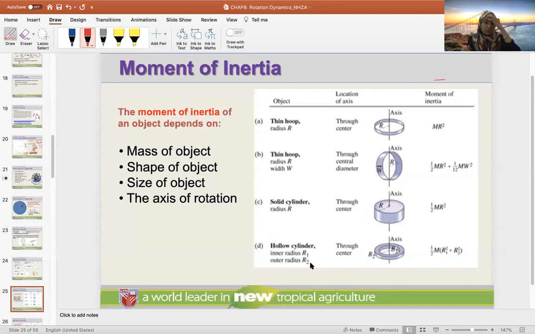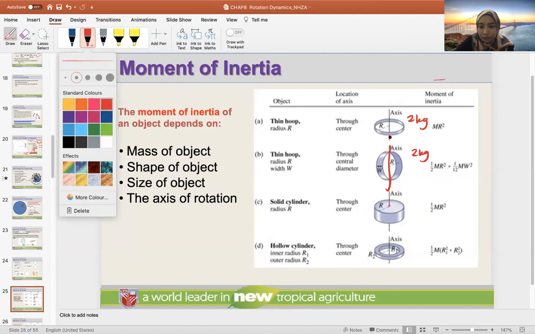Okay, so this is the moment of inertia for several objects. So let's say this hoop is 2 kilogram and this thin hoop is also 2 kilogram. The mass is the same. However, the moment of inertia for these two objects are different because the axis of rotation is different. Here, dia dekat macam ni lah rupa dia, axis of rotation is here, whereas here the axis of rotation is at the center.